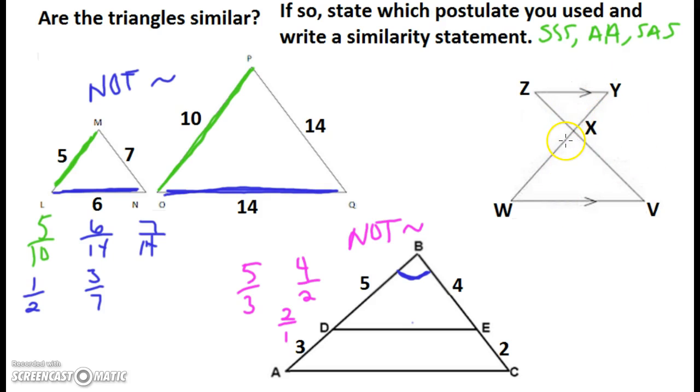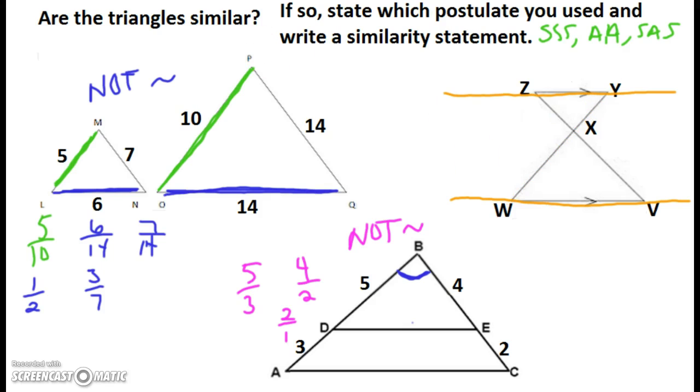All right, last one. This one, we're going to have to use some information that we know in order to work this out. Like, I see that these lines are parallel. If this line is parallel to this line, and I have this transversal cutting through, I know that this angle and this angle are equal because they're alternate interior angles.